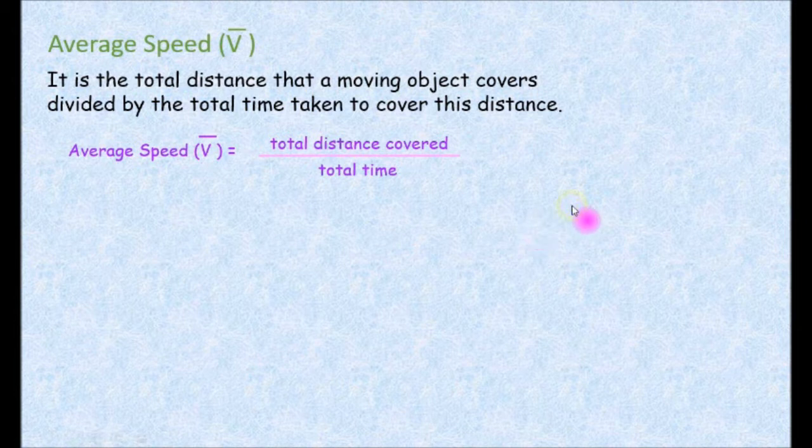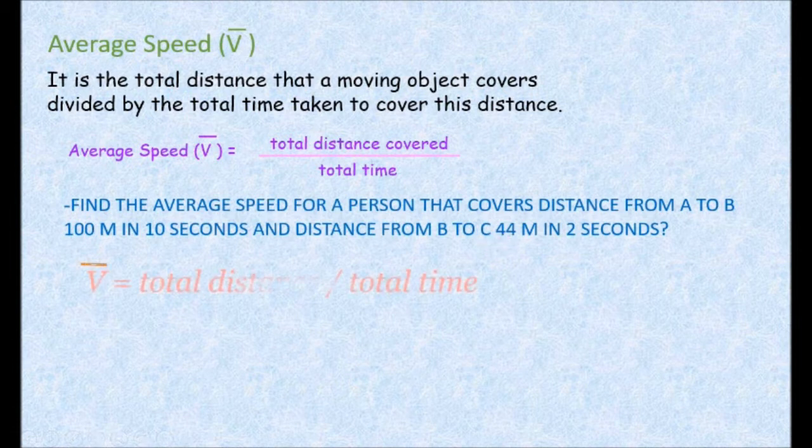Let's see this problem. Find the average speed for a person that covers a distance from point A to point B. The distance from A to B is 100 meters. It covers this distance in 10 seconds, and the distance from point B to point C is 44 meters.